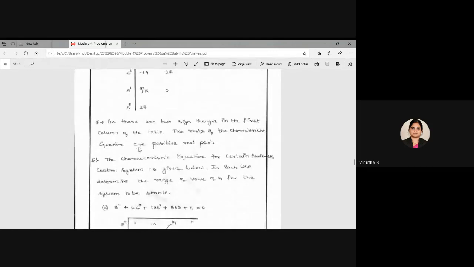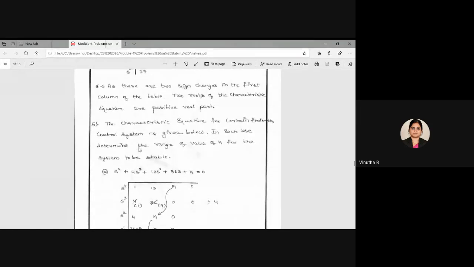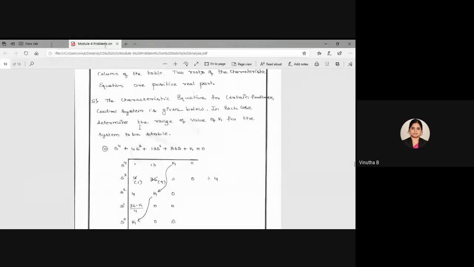Let's see some other variation. Now we will take up this one problem. The characteristic equation for a certain feedback control system is given below. In each case, determine the range of values of k for the system to be stable.